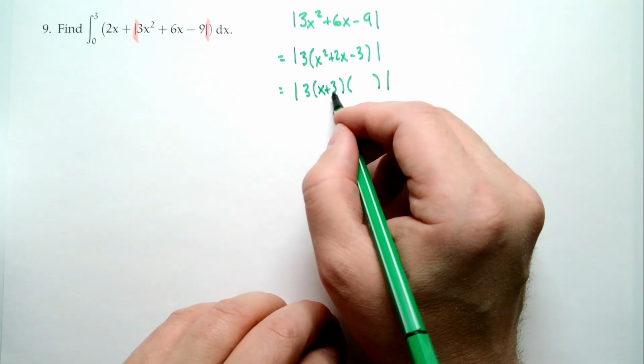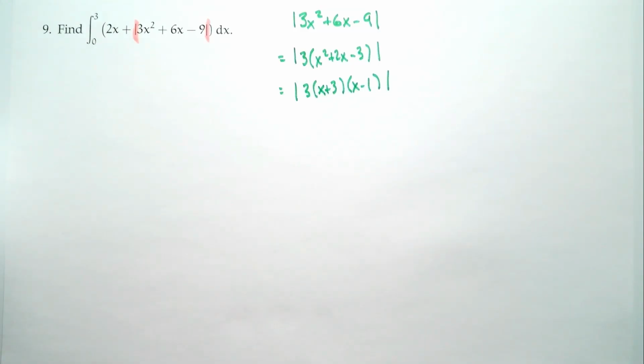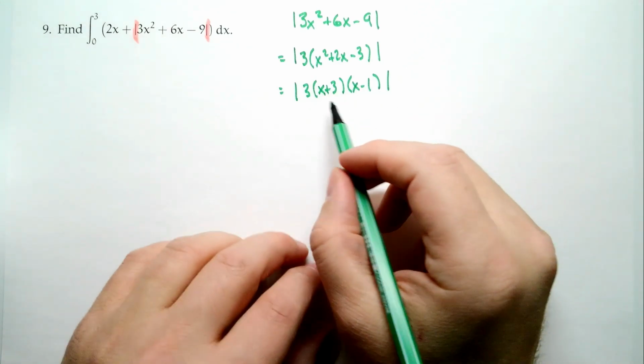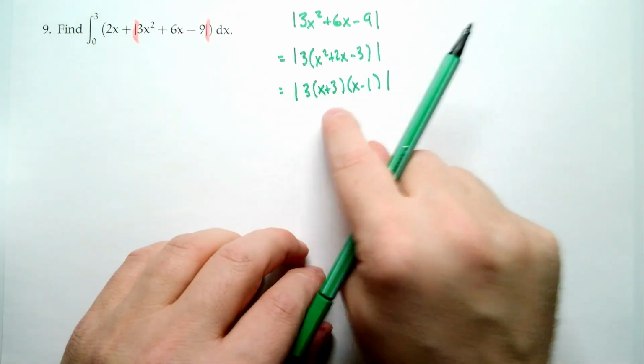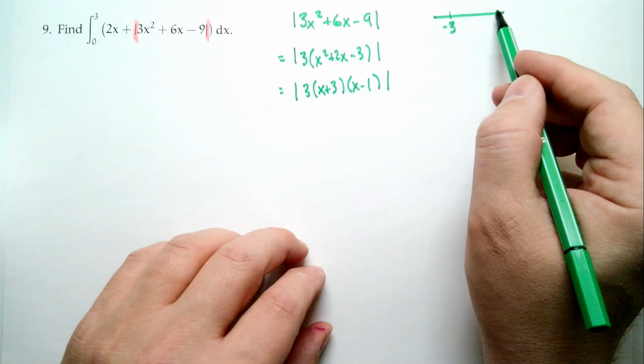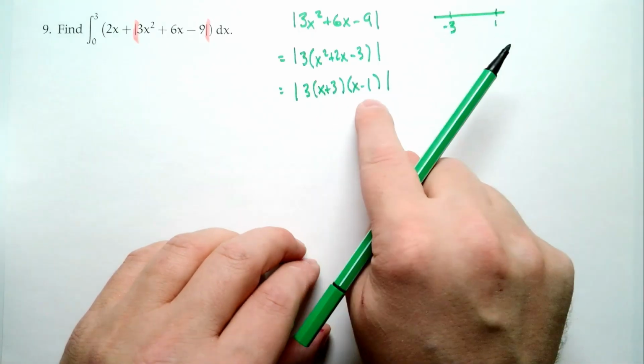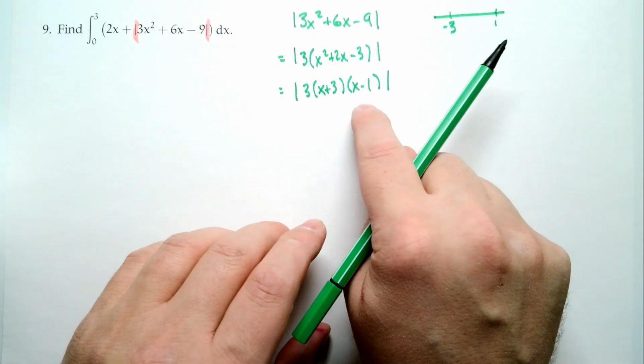It's x plus 3 and x minus 1. Okay, so what does that tell us? Well, it tells us that this expression is 0 at negative 3 and at positive 1. Because that's where I'm going to have 0 on the inside.